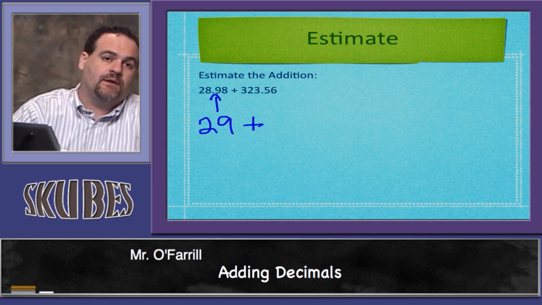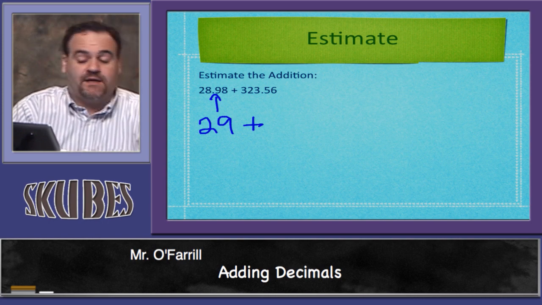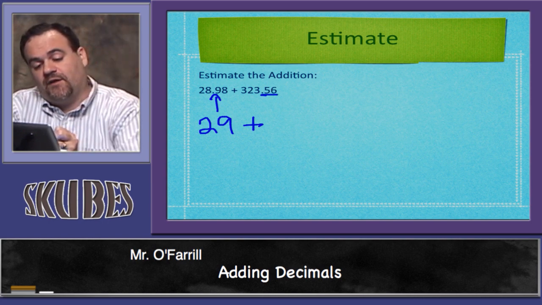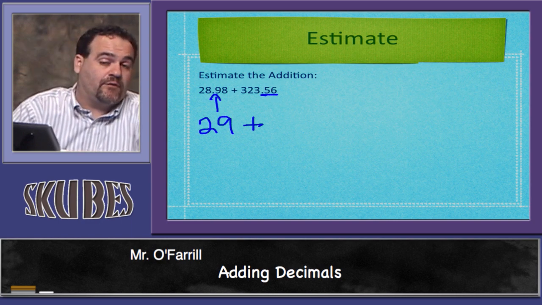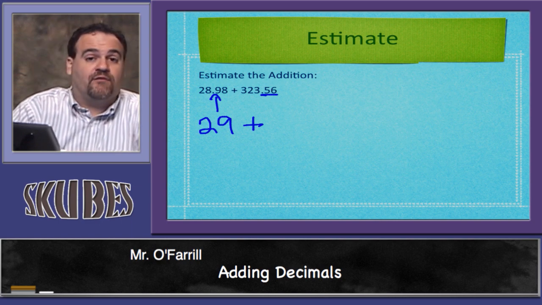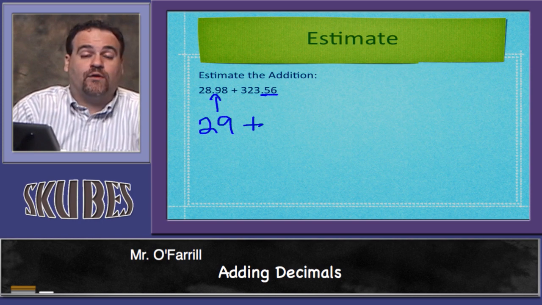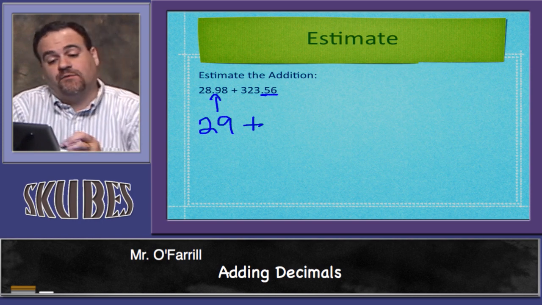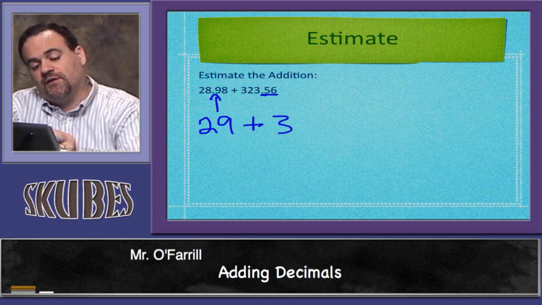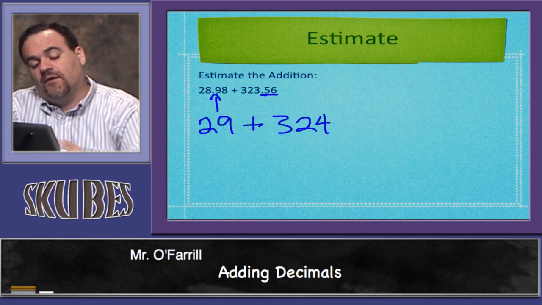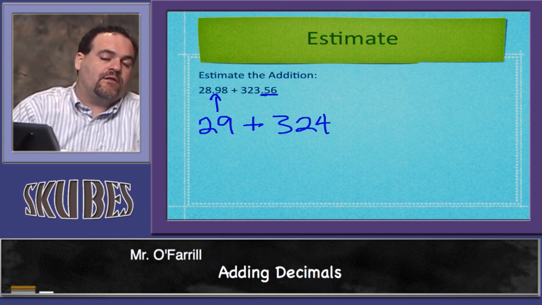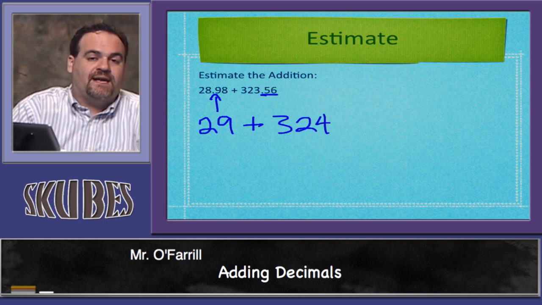Plus, and we're going to round this next number. We have the number 5 in the tenths place. Well, 5 or greater, we're going to round up. So 323 becomes 324. And now that we have this all ready to go, we can add them.